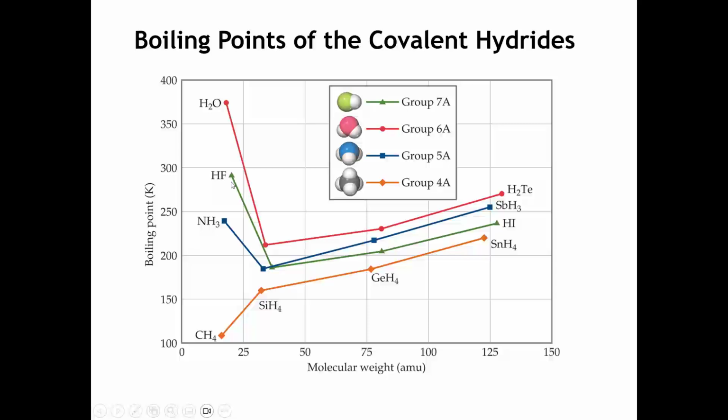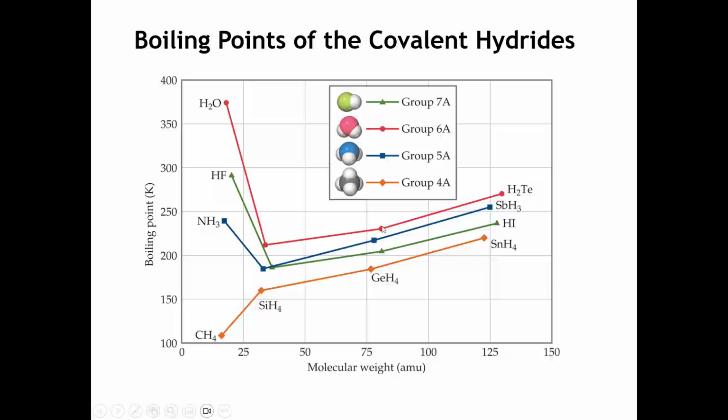If we look at the other molecules that are formed between hydrogen and the other p-block elements, we see largely a similar trend. If we look at group 6A, H2Te, hydrogen telluride, has a boiling point that's 260 Kelvin.